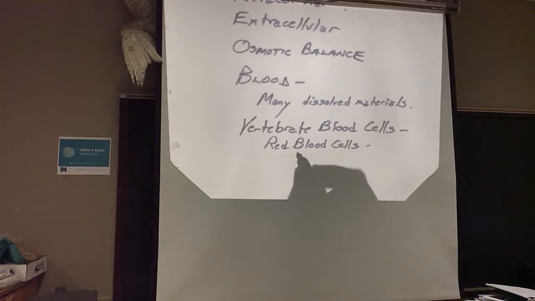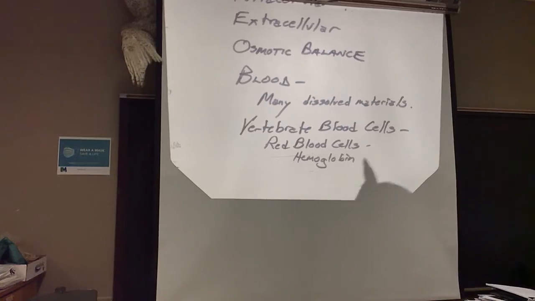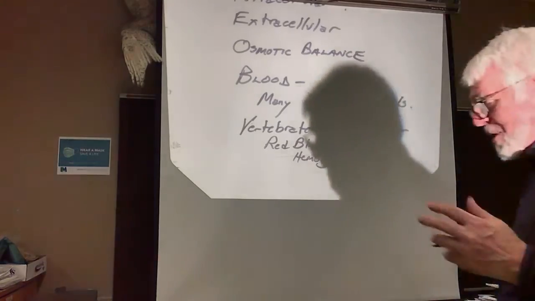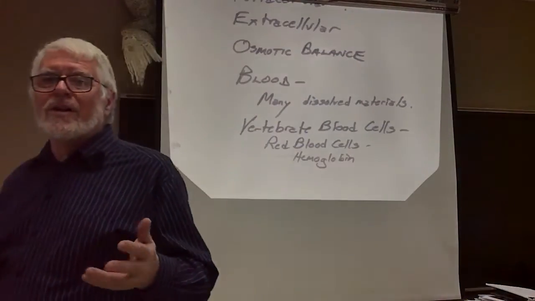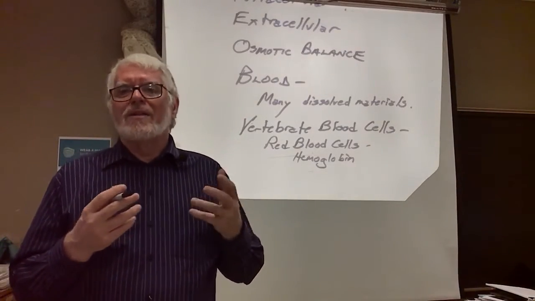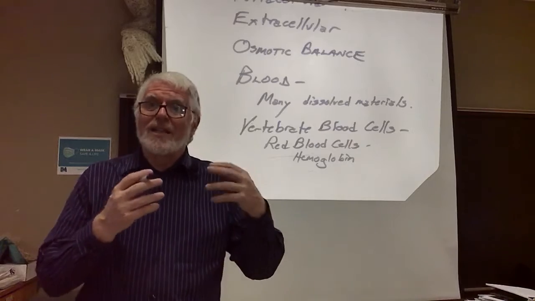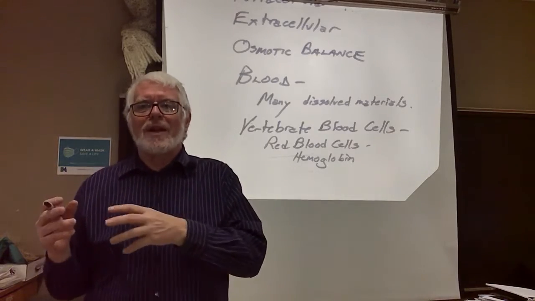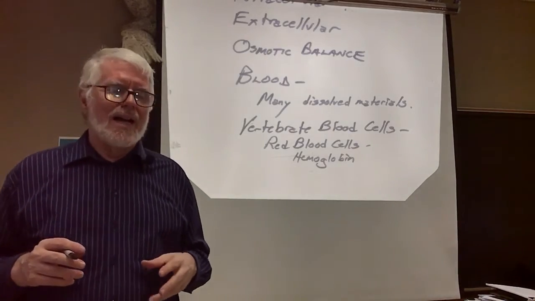Red blood cells are red because they have rust in them. They have hemoglobin, oxidized iron. Iron is an oxygen carrier. Well, it oxidizes it, it sticks to it somewhat, and then comes loose to it later.